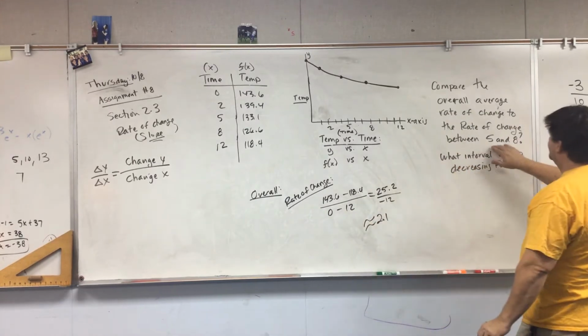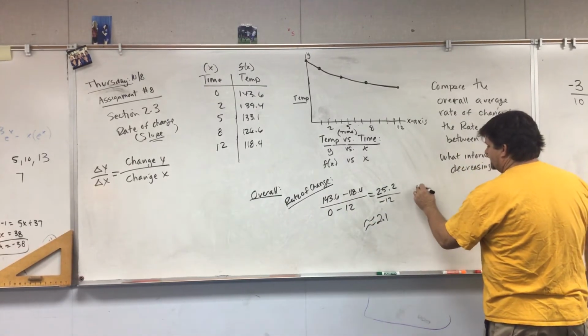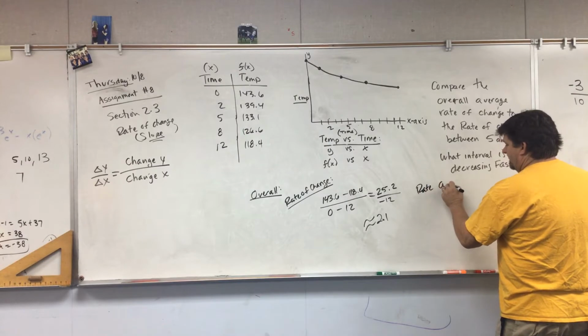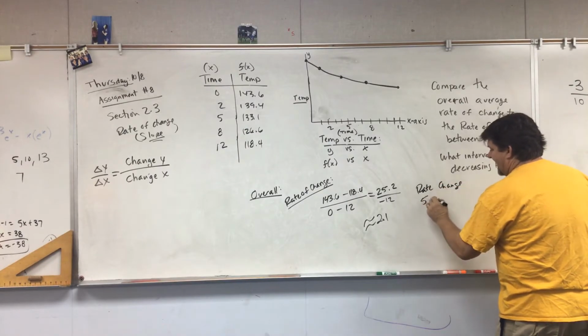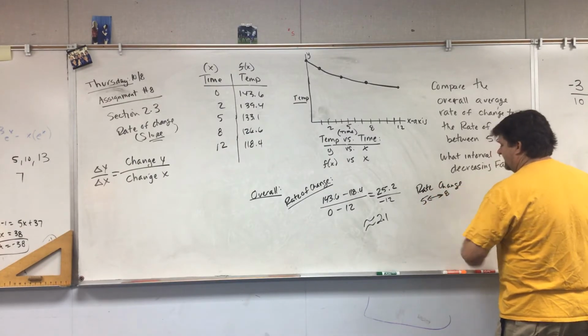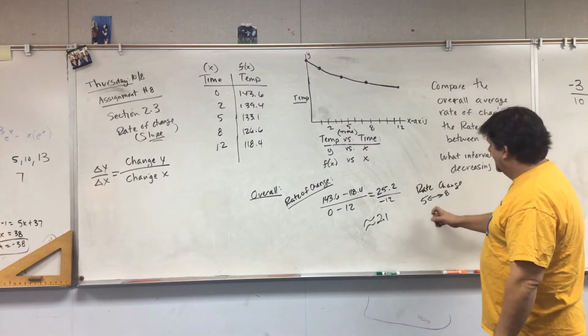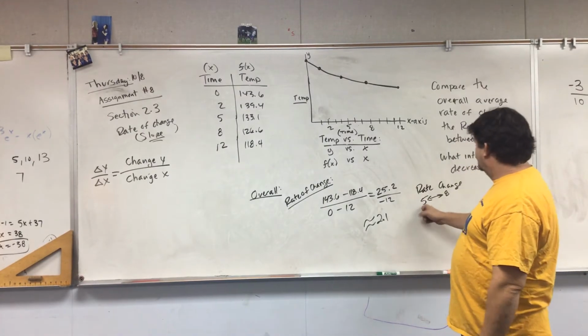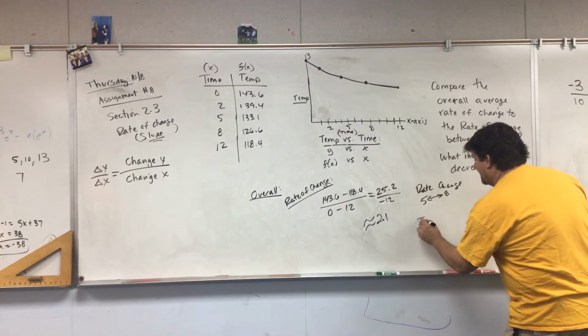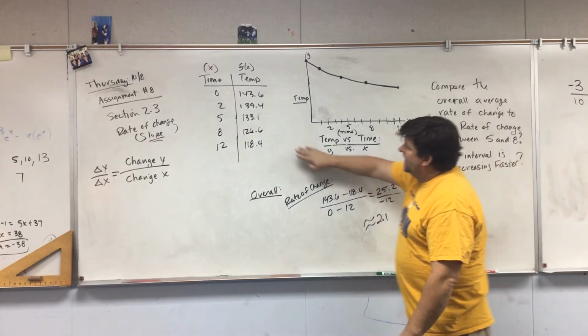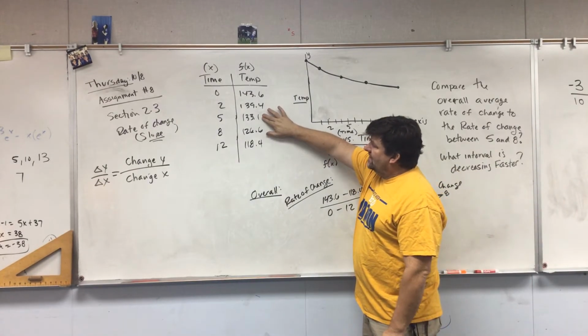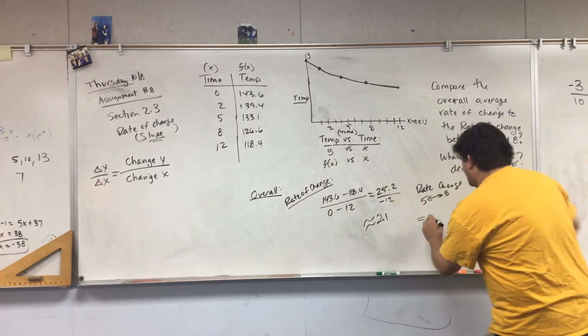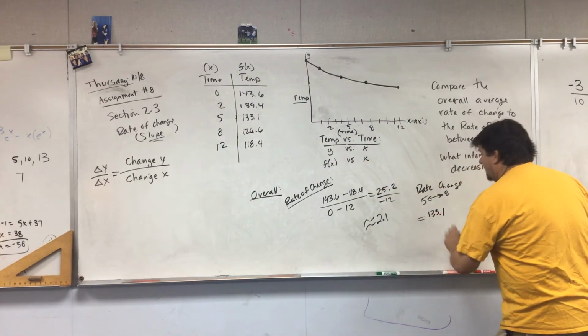So now let's do between 5 and 8. So this is my rate of change between 5 and 8. So I know now that I'm going to start with 5. So my rate of change is the change in y's. The y value, or the f of x value at 5 is 133.1.